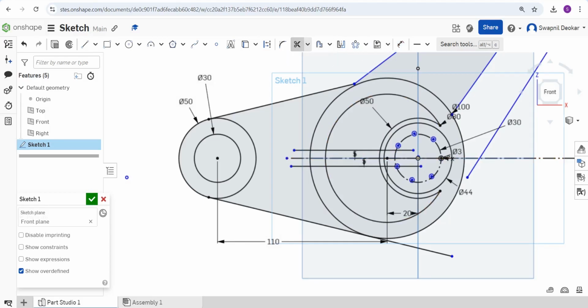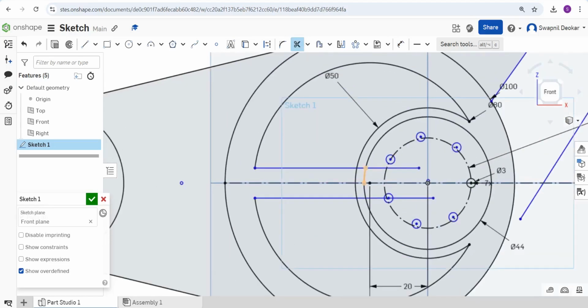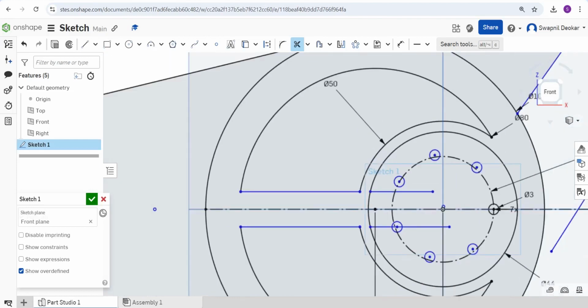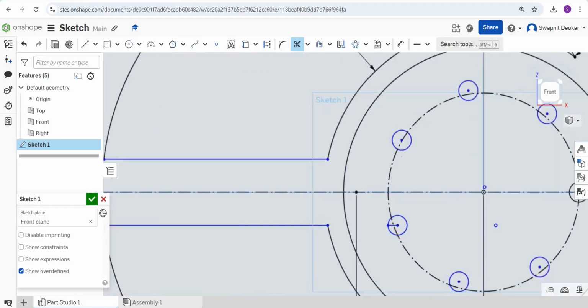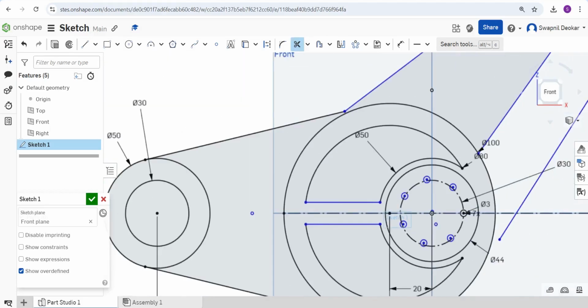Now we are going to trim the unwanted lines. This is not part of it. This is also not. Similarly, this is. Now again from this we are going to provide the fillet.